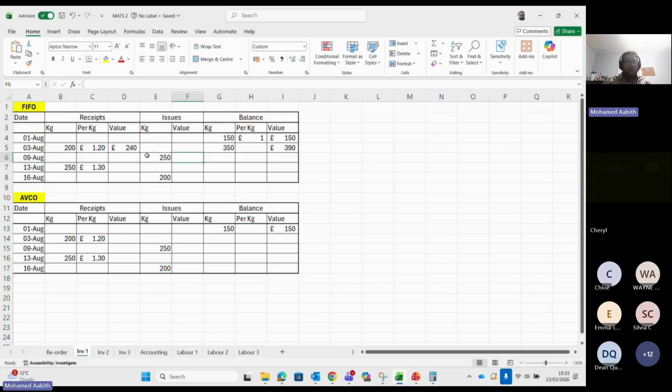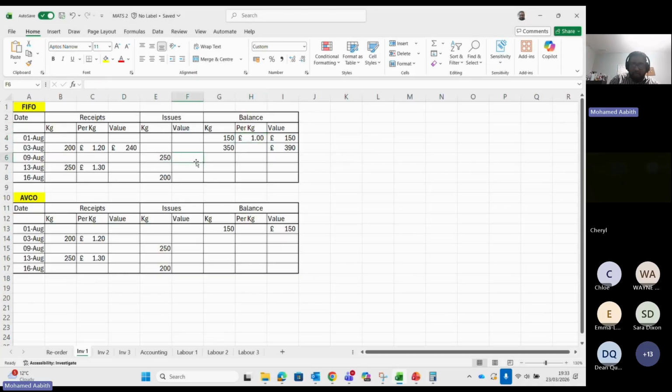Out of this stock, which did we have first? That is the stock we paid £1 for. So that is the stock I need to be using. Is it enough for 250 kilograms? No. So I need all of that 150 plus another 100 kilograms of the £1 20 pence.